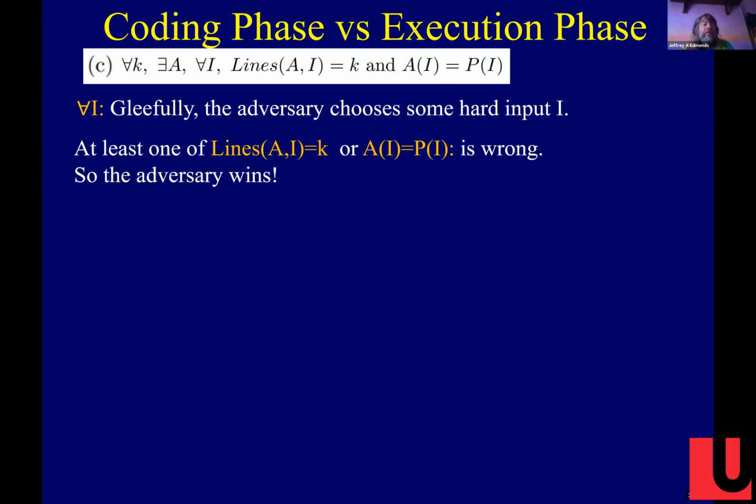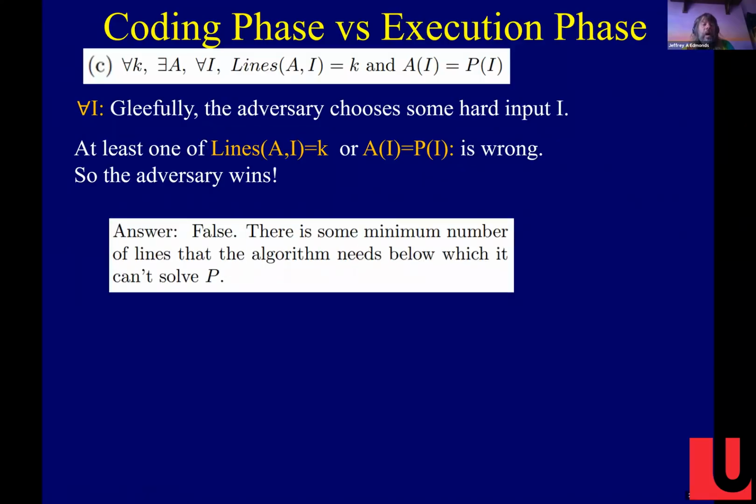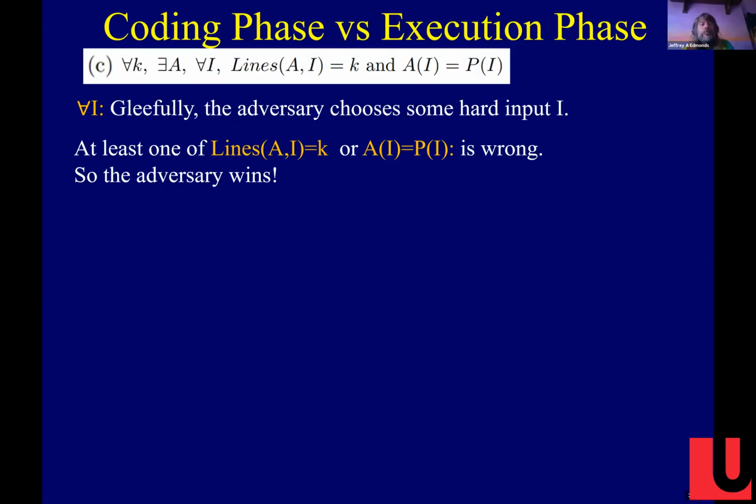So the adversary is going to win. I guess I should have added more lines here, because this isn't really a good proof. So instead, I'm going to add some more here. The adversary is going to study the code, and if the algorithm doesn't have 2 lines of code, it doesn't matter what his input is, and this will be false.